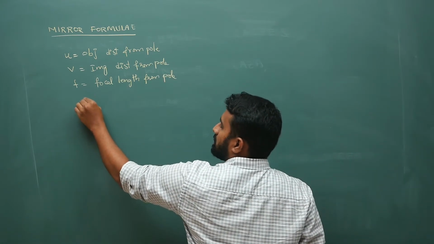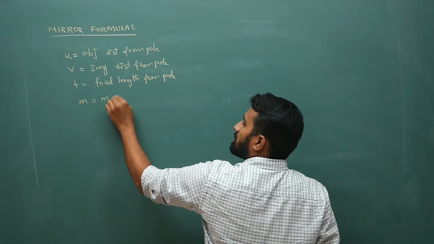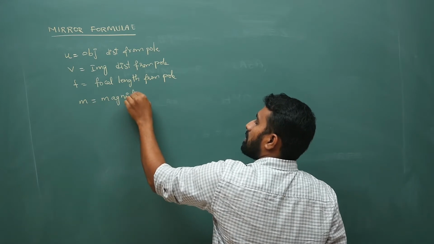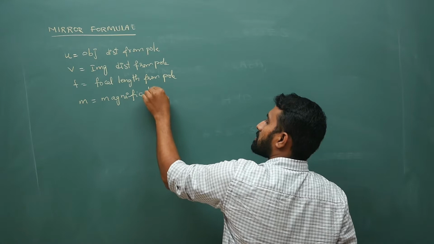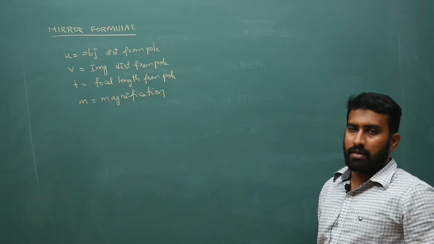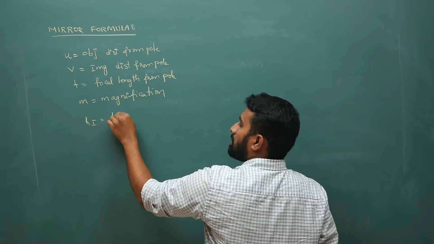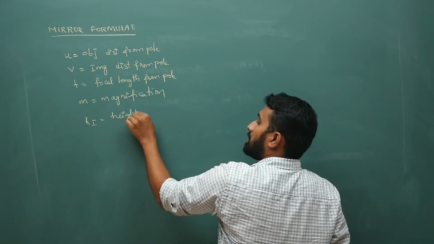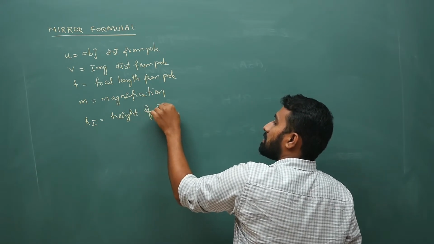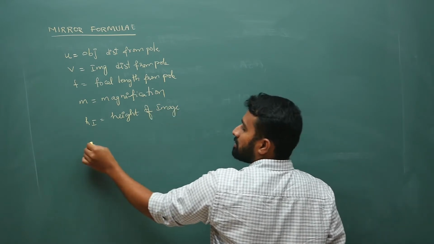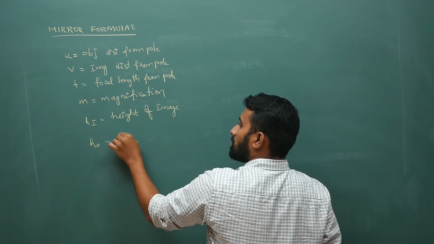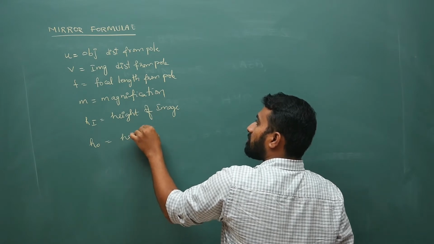M represents magnification. HI represents height of image. HO represents height of object.